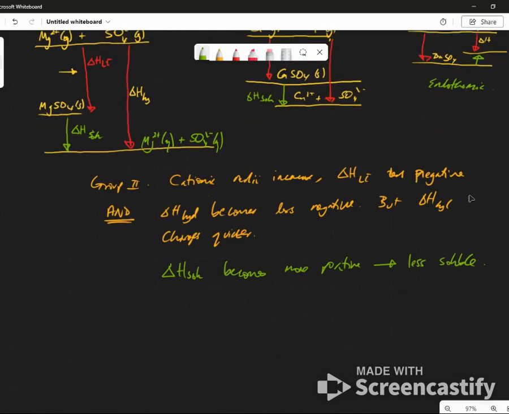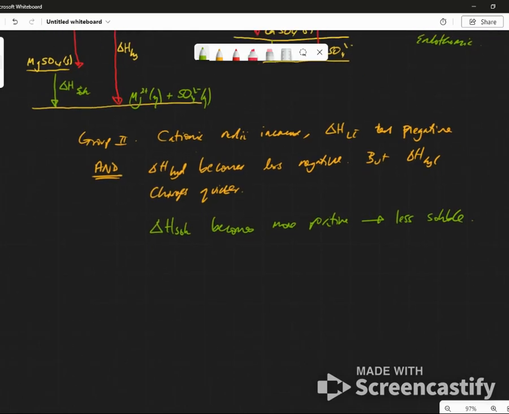Okay, so Basadi there has asked this. For the sulfates, magnesium sulfate, barium sulfate, and the other one, as you go from this to this, they get less soluble, for the reasons I've given.